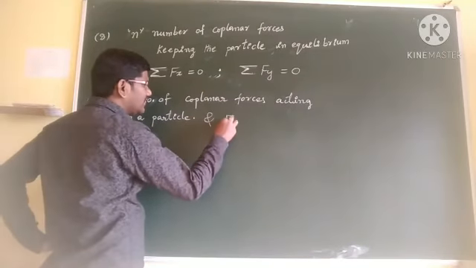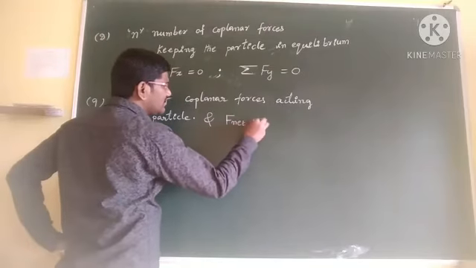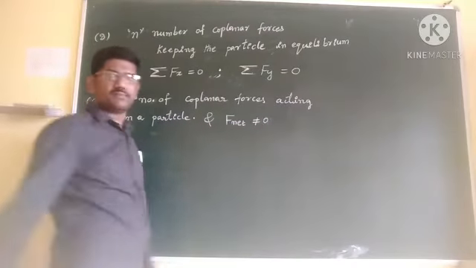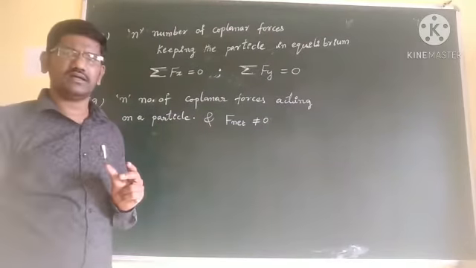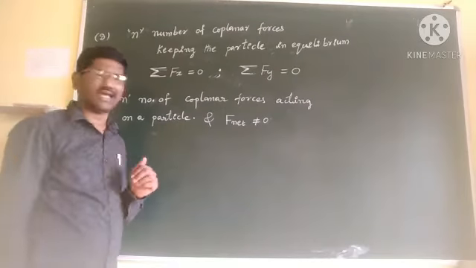F net not equal to 0 means the particle is experiencing some resultant force, which means it has some resultant acceleration.